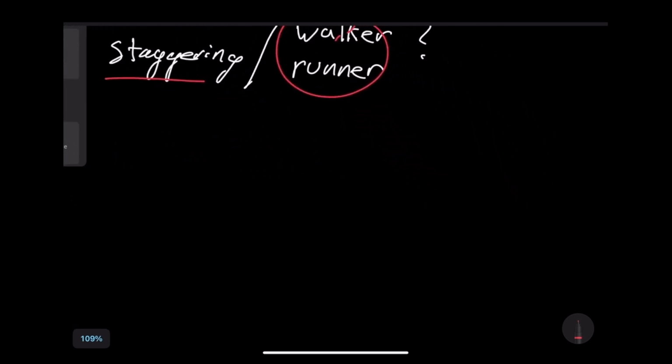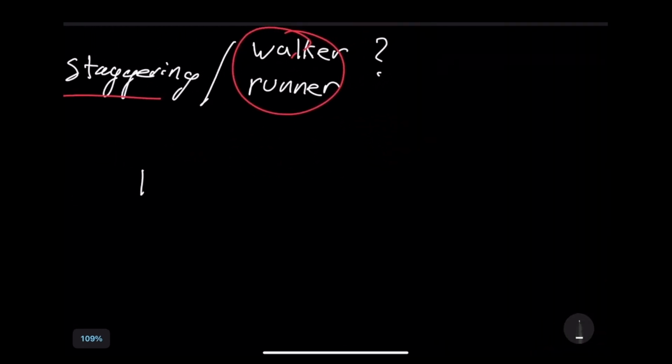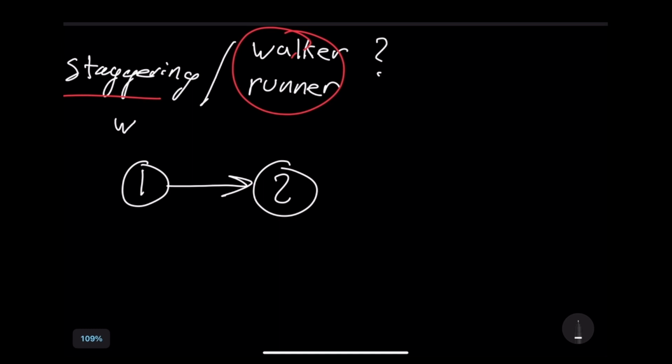So let me think about that a bit more. In the case where we have that simple example again, I'll call my walker W and my runner R, and these are just pointers. They can both start in the same place.